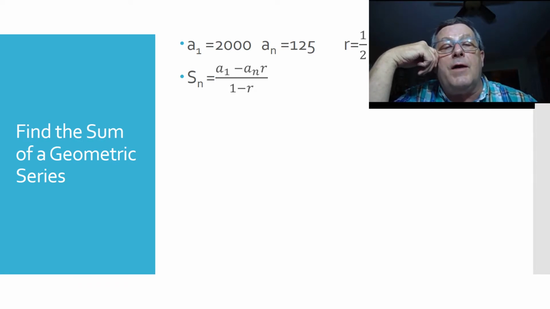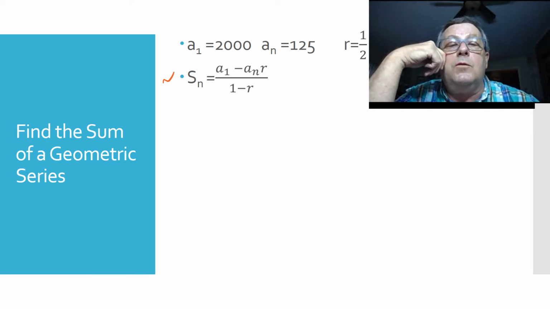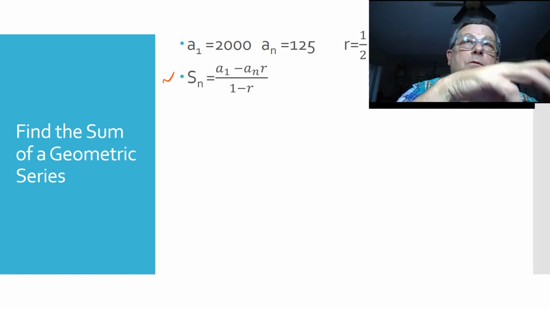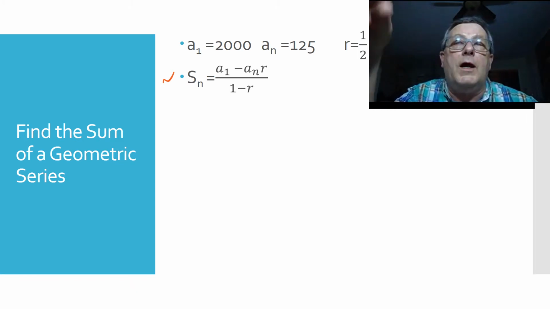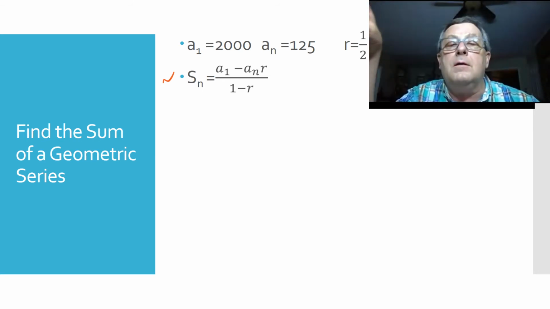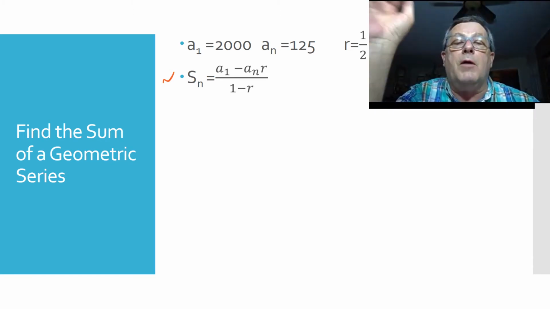If we look at that, Sn in the second formula is equal to A1, the first number in the sequence, less An times the common ratio R, over 1 minus R. The last one was A1 less A1 times R raised to the power of n. Since we know An and A1, we just get A1 less An times the common ratio over 1 minus the common ratio.